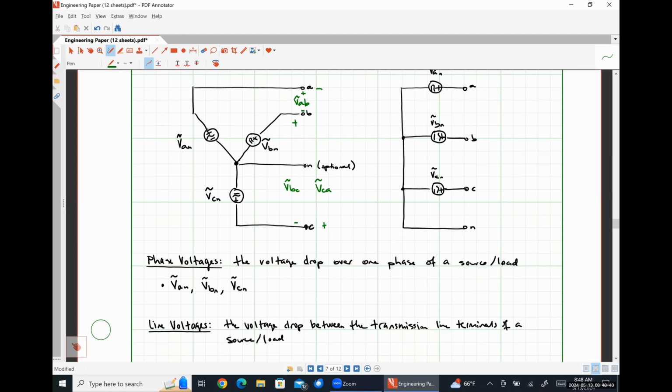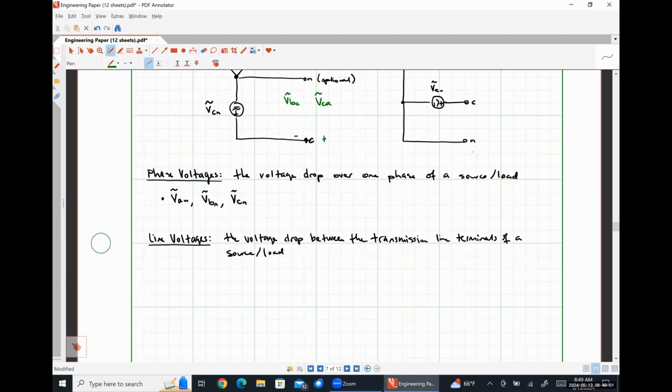Now you may be asking yourself why we chose VAB versus VBA or VBC versus VCB, etc. All of that will be revealed when we start playing around with the math of these things, okay? These are going to be our line voltages for this system.